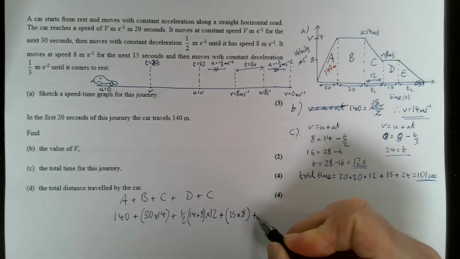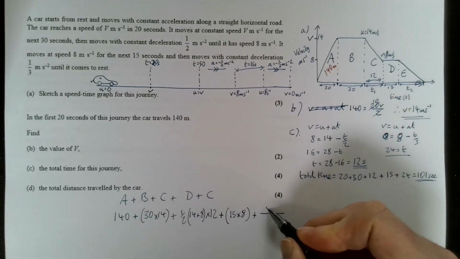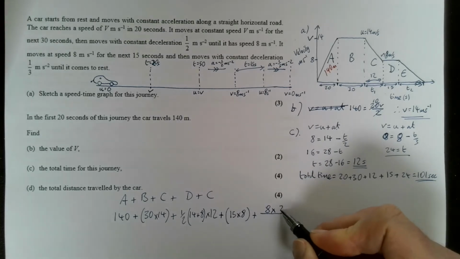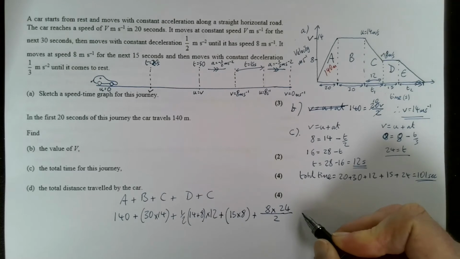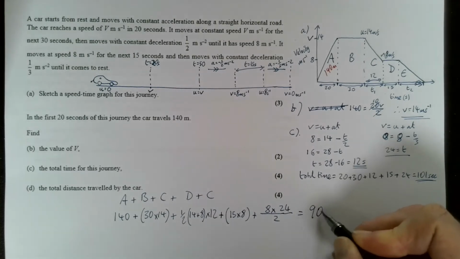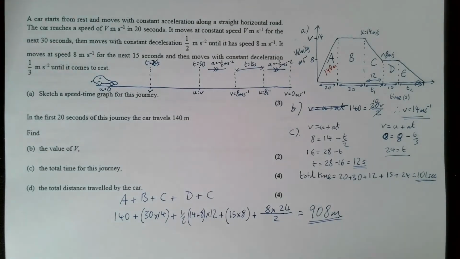And finally we've got a triangle, which is 8 times 24 over 2. Slap all of that into your calculator, and you should have got 908 meters. And that's 13 marks for all of that, which I don't think's that nasty.